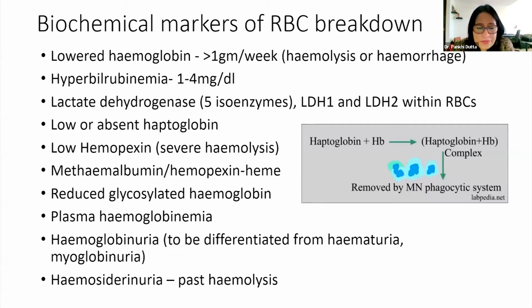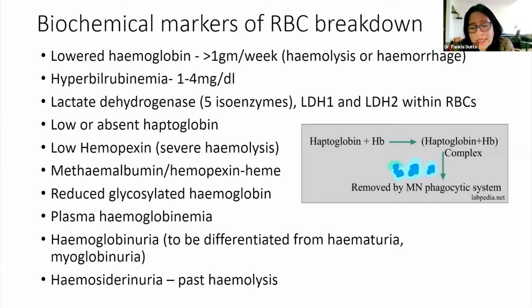So if hemoglobinuria is occurring, the urine is going to appear dark. One has to make sure that there are no intact RBCs, because even hematuria would give you a similar color.